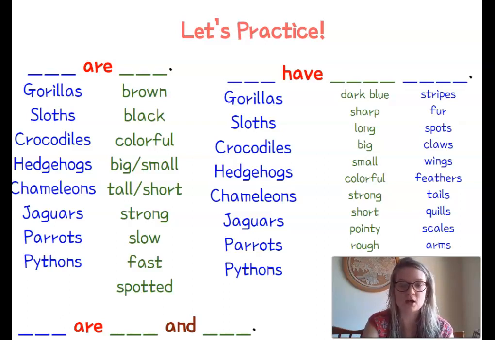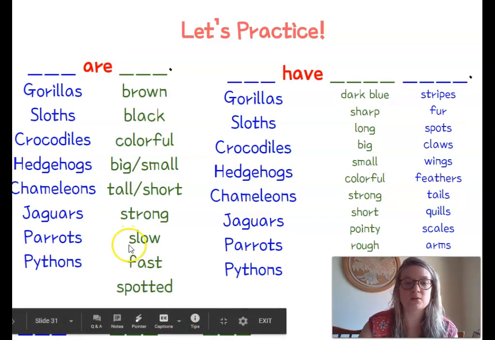What about the hedgehogs? How could you describe them? Think of two adjectives that describe the hedgehog. We could say hedgehogs are small and pointy. Your turn. Nice job, scholars. If you have time, you can pause the video right here and practice coming up with lots more sentences about the animals.